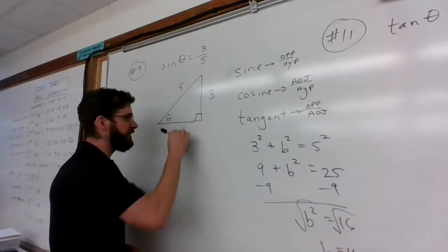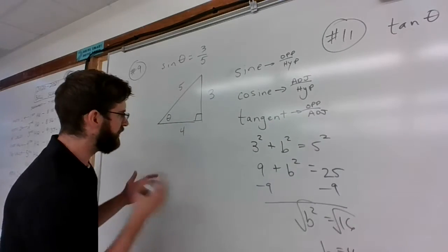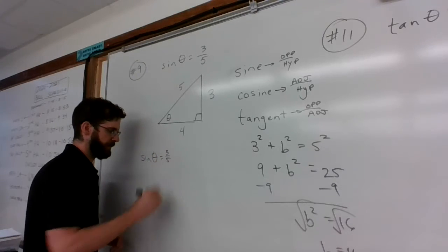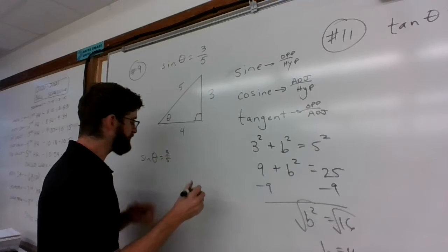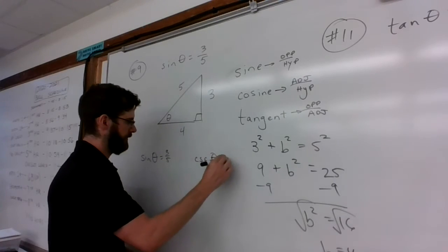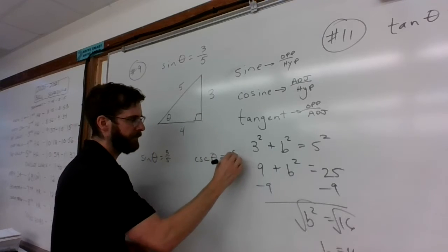All right. Once we get 4 right here, then it's just a game of sine of theta we know is 3/5. Its flip, its reciprocal is cosecant. That's just 5/3.